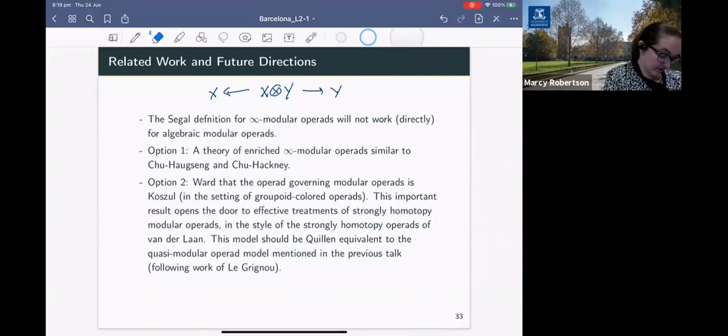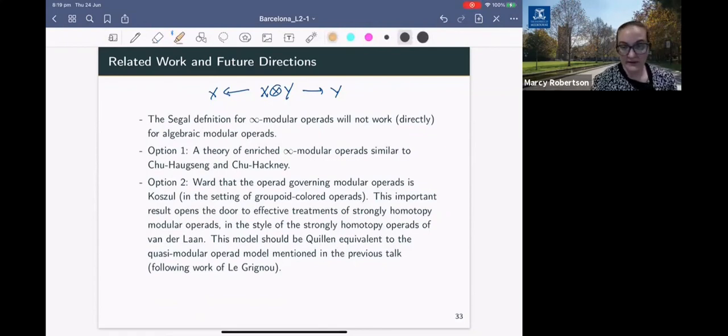You could extend that for modular operads if you want. I find this a little bit difficult to work with, but it depends on what you want to do with your infinity modular operads.